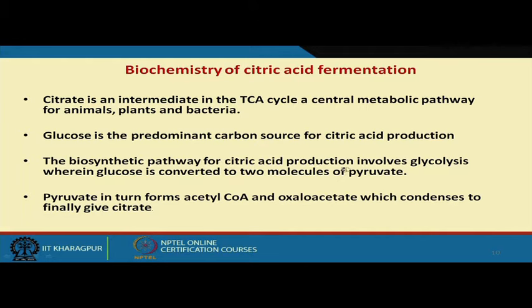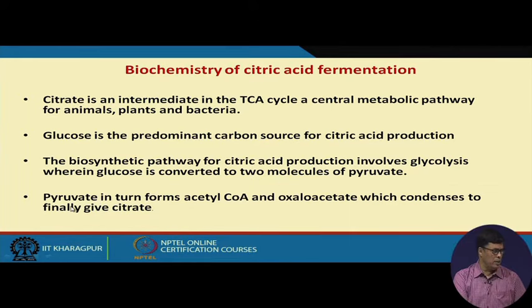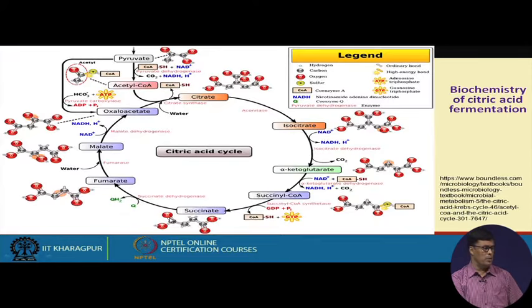The biosynthetic pathway of citric acid production involves glycolysis, wherein glucose is converted to 2 moles of pyruvic acid. The pyruvate in turn forms acetyl CoA, and acetyl CoA combines with oxaloacetate, condensing to give citrate. Through the Embden-Meyerhof pathway we produce pyruvate, and this pyruvate produces acetyl CoA. Oxaloacetic acid is one of the metabolites of the TCA cycle.